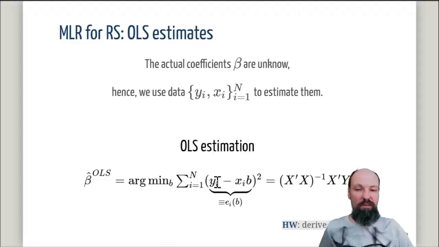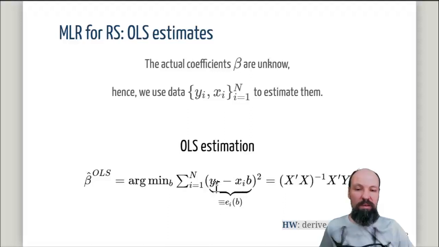This has a whole background of why it is applied. It has very nice properties and guarantees some properties when the assumptions are fulfilled, when the assumptions hold. If not, then maybe something happens and we need some corrections and so on. But this is the basic setup. And when the assumptions hold, this is what guarantees us very good estimates of the beta coefficients.